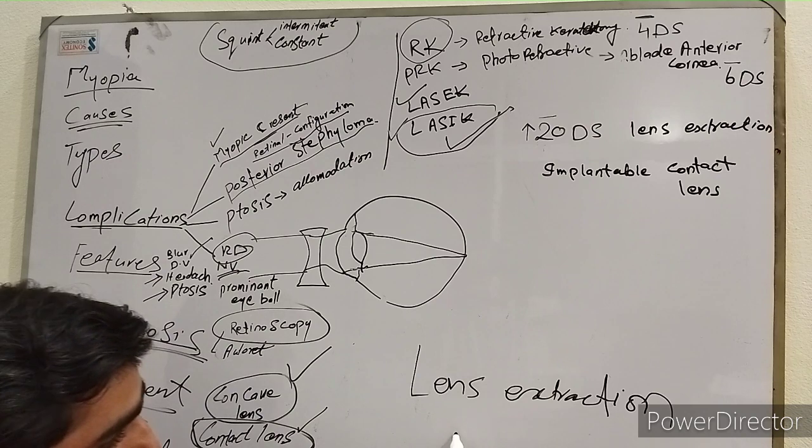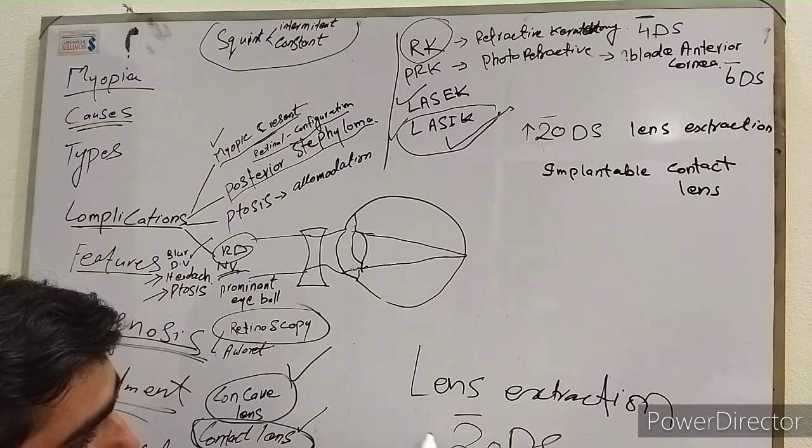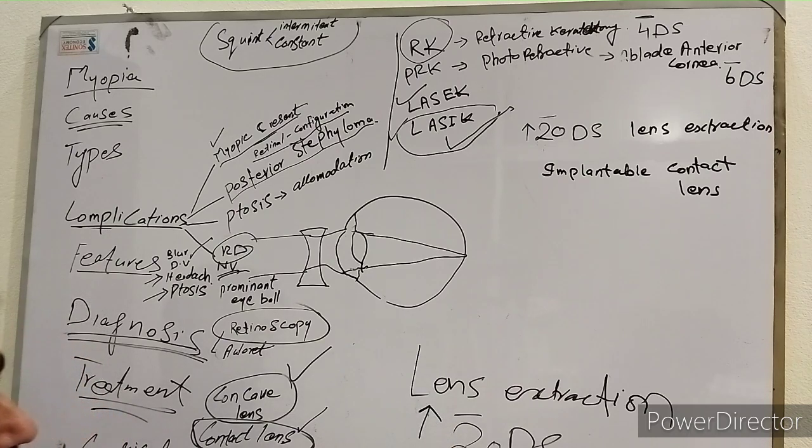But we do this procedure when the refractive error is more than 20 diopter sphere. When we extract the crystalline lens, then there is only corneal refractive power. It means the refractive error decreases.